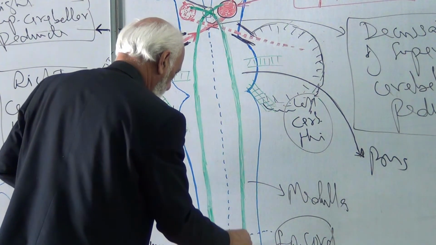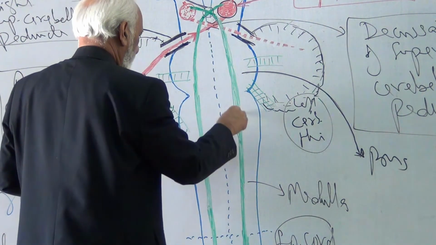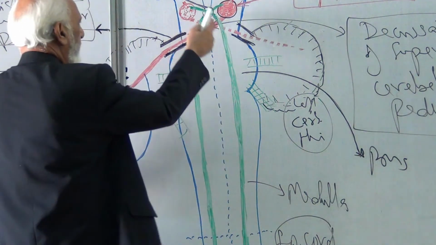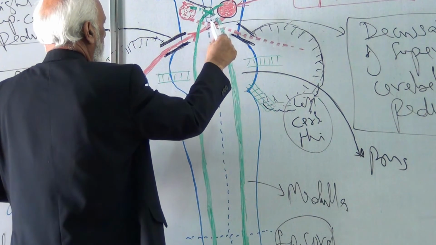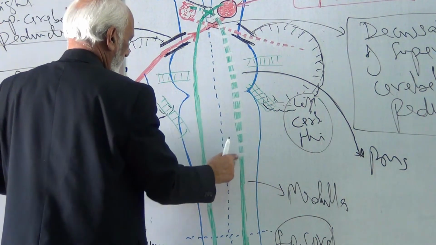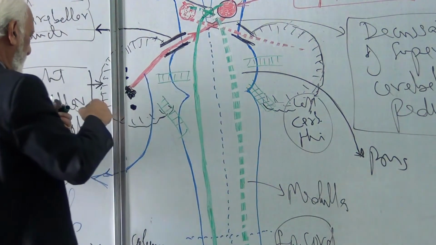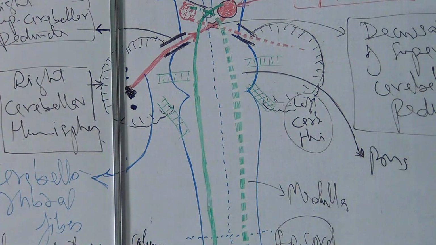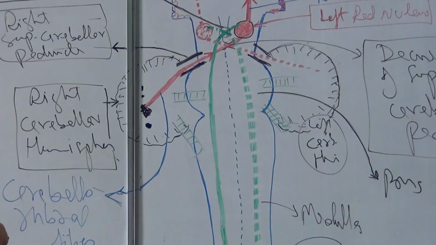motor in function, anterior horn cells of the spinal cord. Now, the fibers from the right side are shown in a green interrupted line, while the efferent fibers, known as the rubrospinal fibers from the left red nucleus, are shown as a continuous green line.